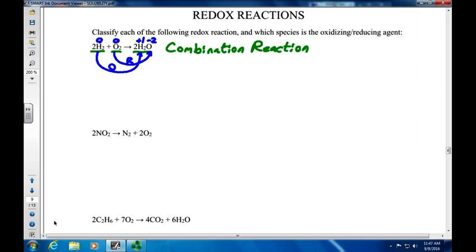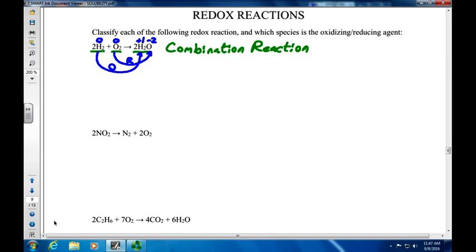The trickiest part in determining what is the oxidizing versus what is the reducing agent is that it doesn't correspond with what is actually happening to the species. It's actually just the opposite.